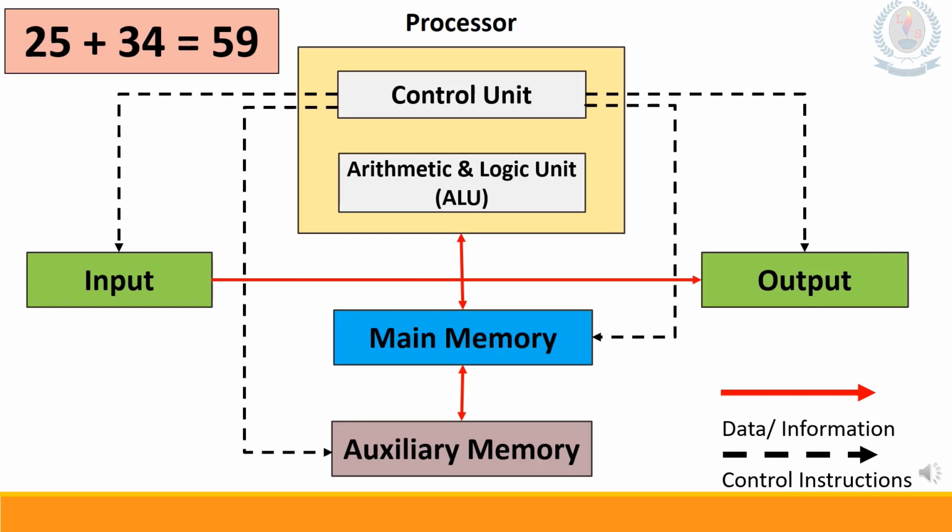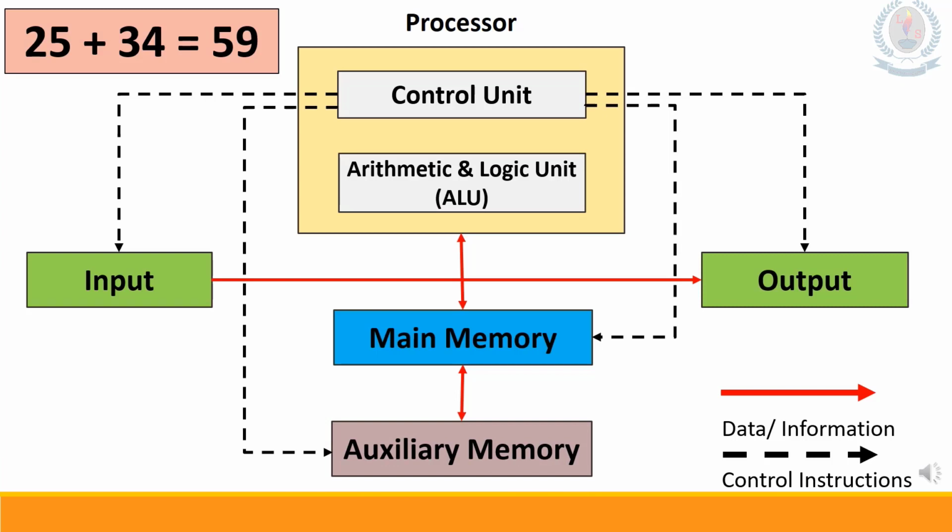Data is processed in the processor. The arithmetic and logic unit will do the mathematical calculation, and the answer is stored in main memory and the information is displayed via output. If required, the information can be stored in auxiliary memory for later reference.